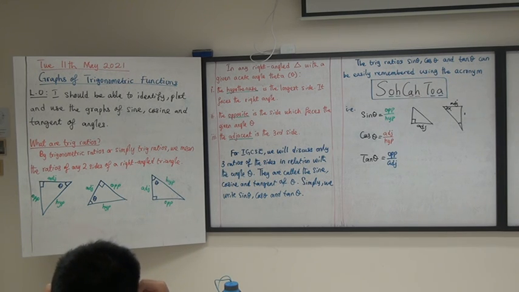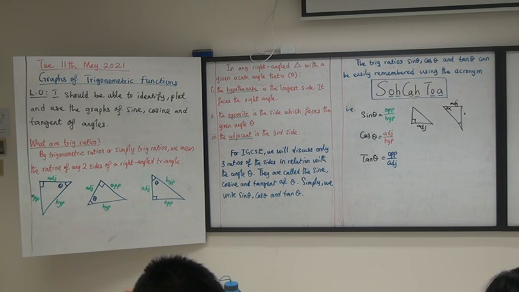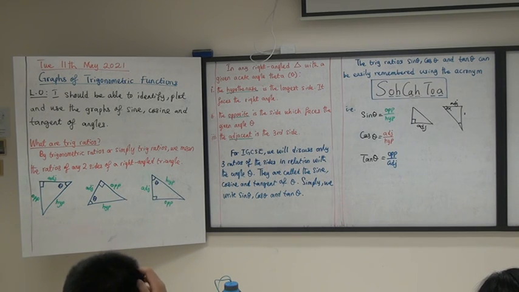Any other observation, please? Yes, Mr. Juvino? Speak up and fast, please. The cosine graph is just the sine graph, but offset by 90 degrees.